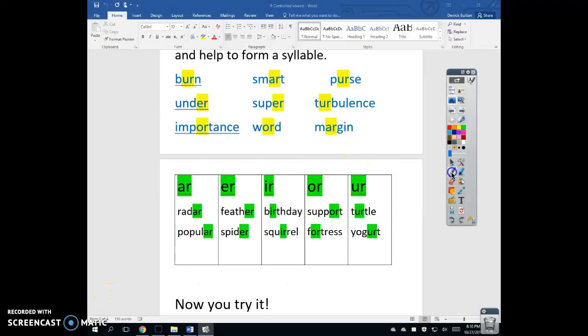So once they have the chart completed and they've started to write down some of their example words, then you want to guide them into help filling out some of these different patterns with the chart. So in other words, what are some other AR vowel control words we can think of? What are some other ER vowel control words we can think of? All the way through each one.